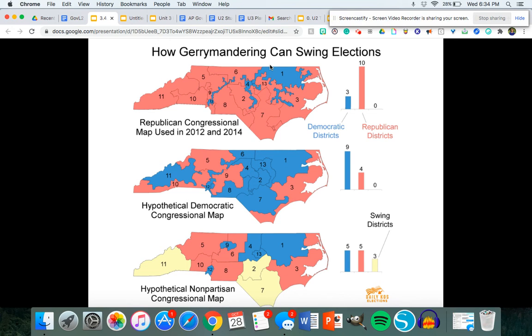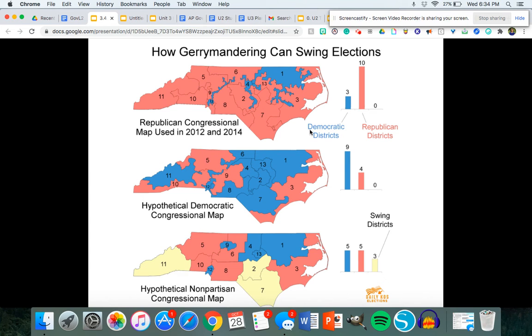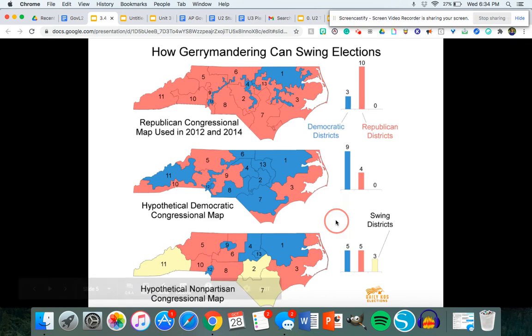Another impact is that when they can draw districts, the party in power is able to favor themselves and make sure that they get reelected. So, in the same state, we now see 10 Republican districts versus 5 if it were nonpartisan, and only 3 Democratic districts compared to the 5 from the nonpartisan map.